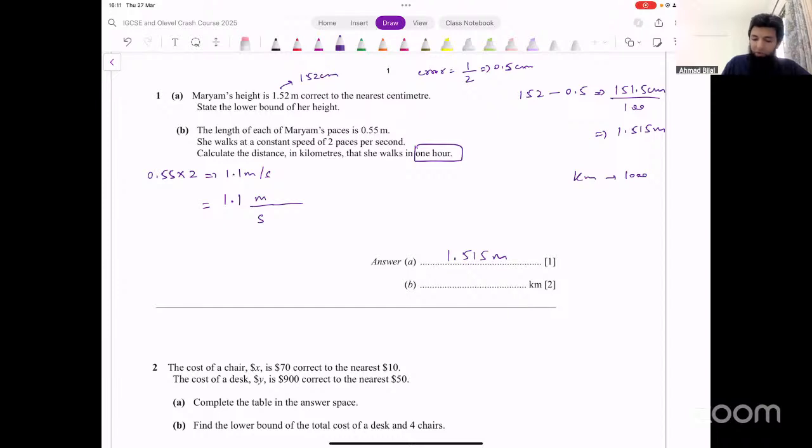So if you want to convert this to kilometers, you would multiply, or you can say it's 10 raised to power 3 meters. If you want to convert it to kilometers, you have to multiply it by 10 raised to power minus 3. For seconds, if you want to convert it to hours, how do you do that?